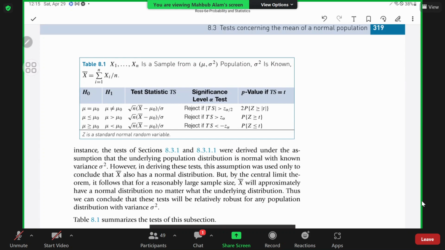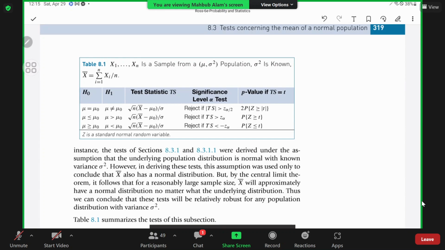This is very important. If you understand the table, you can solve any problem: if you can identify that the problem is from a normal population, if you can identify that the parameter sigma square is known, and if you identify that the test statistic is calculated as square root of n times x bar minus mu naught divided by sigma.